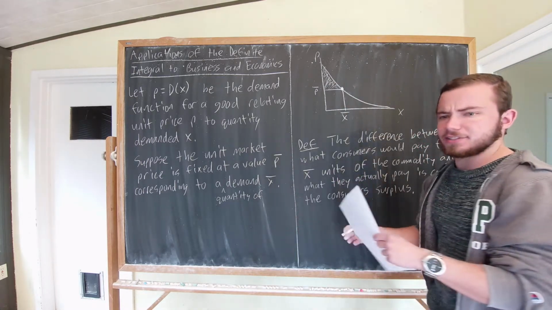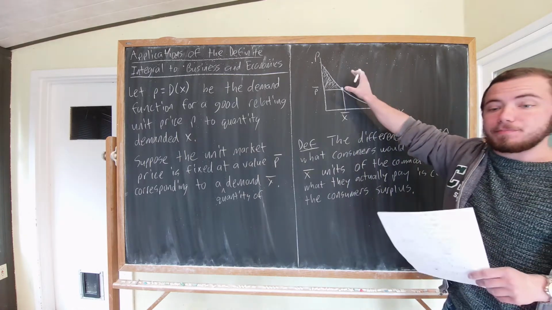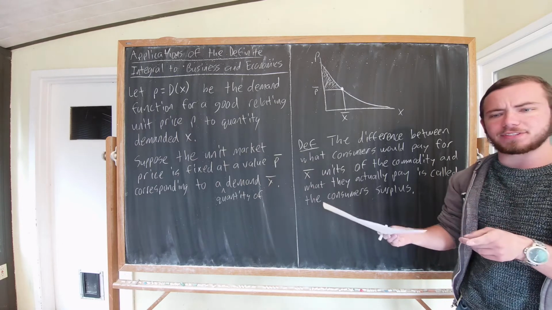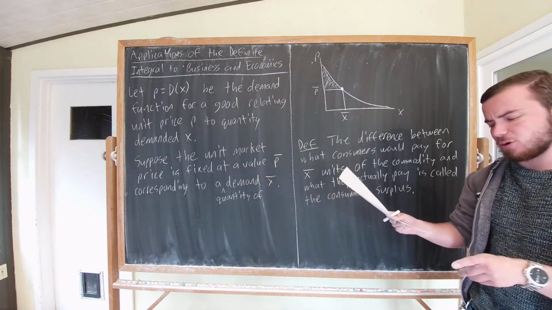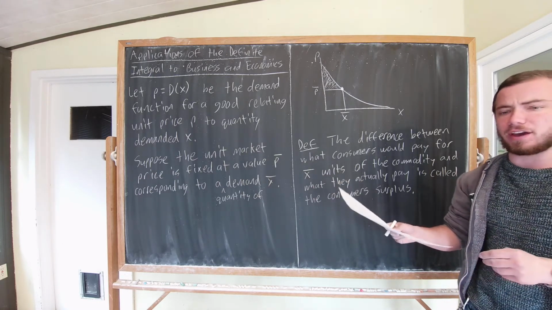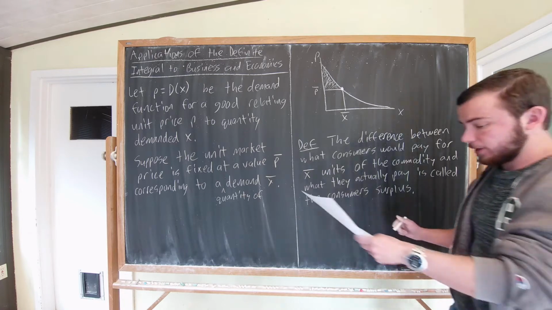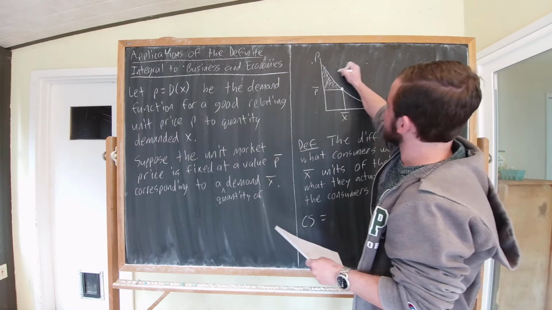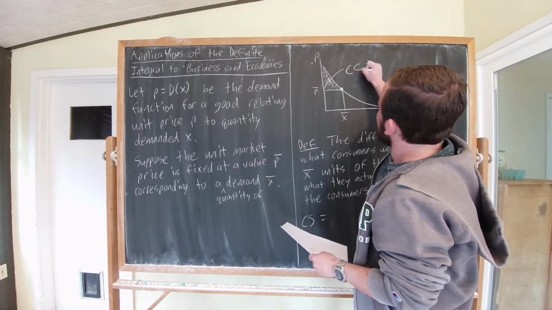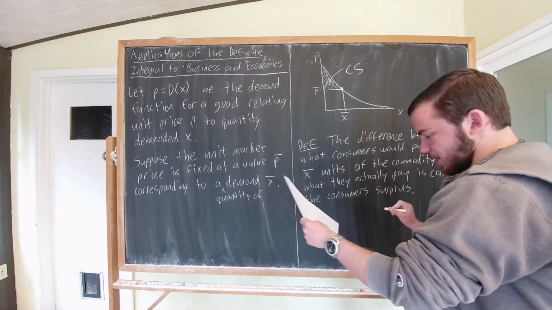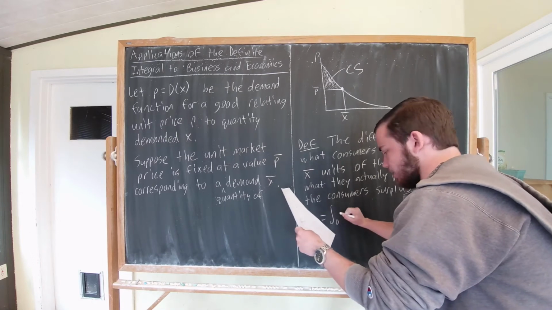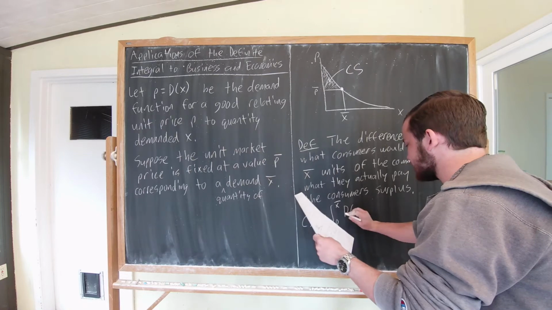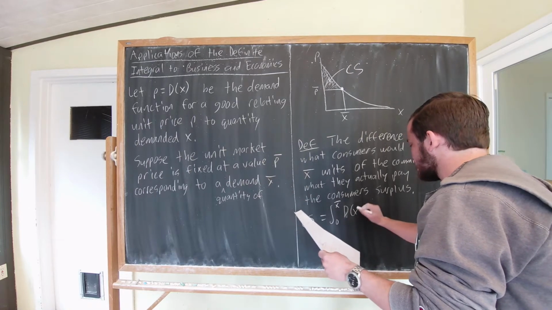Your book does some work with Riemann sums to essentially make this completely formal, completely rigorous. That's on page 467 for the paper version and page 481 for the online version. But really what you need to know is that the formula for the consumer's surplus is the integral from 0 to x bar of d of x dx.